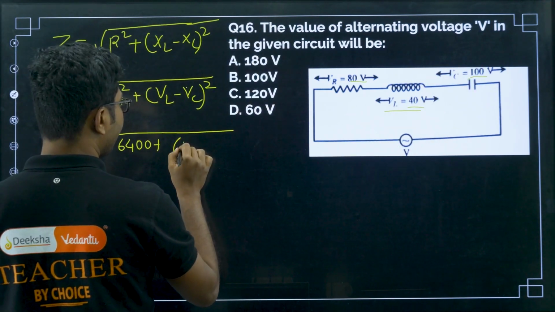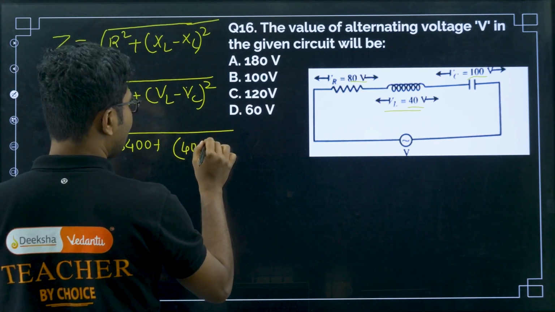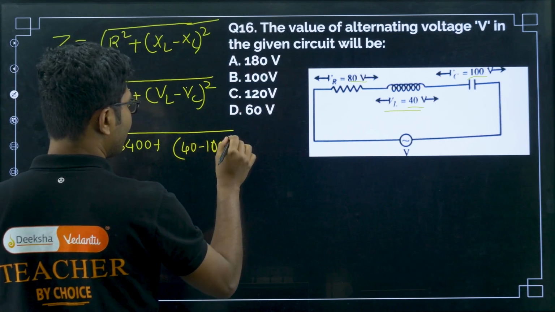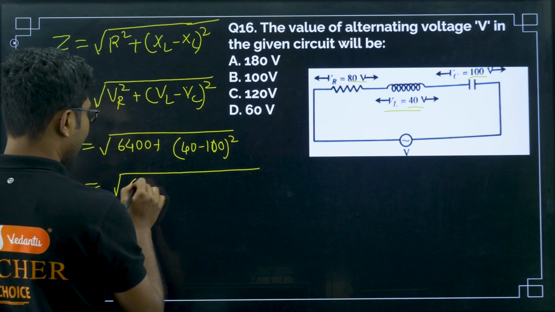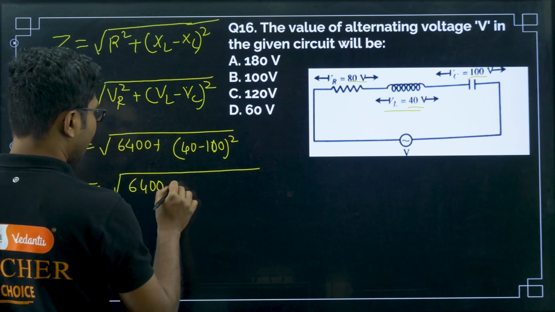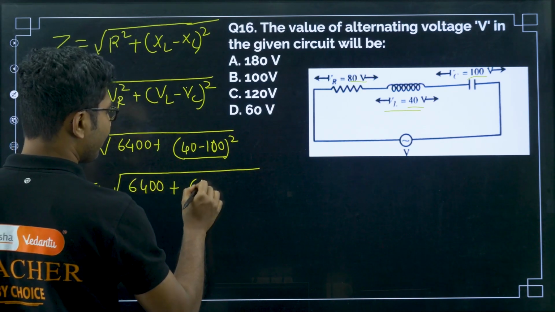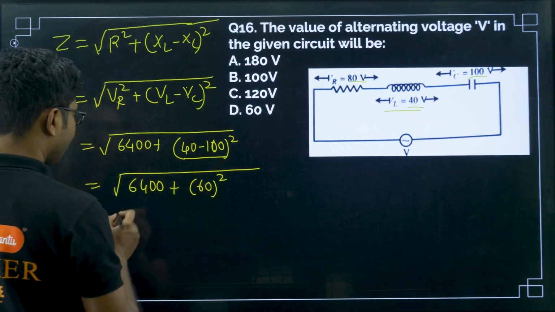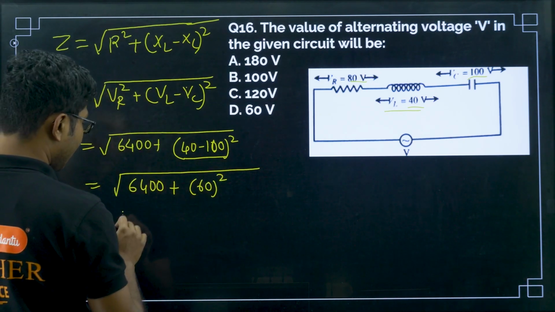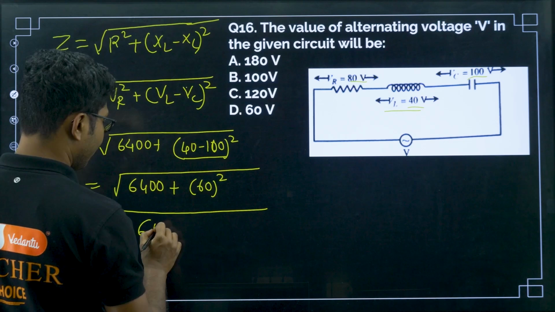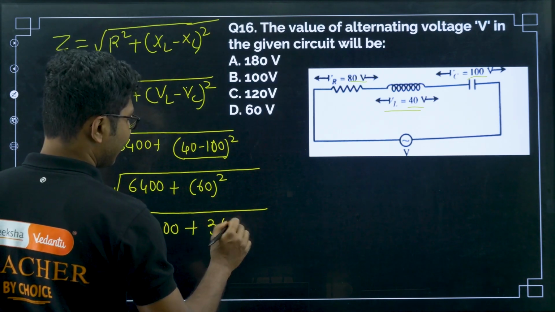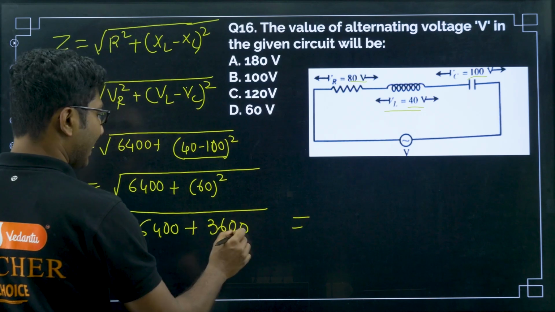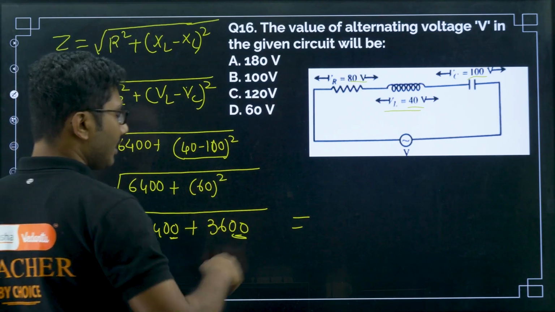So, 40 minus 100 whole square, that is 60 square, which is 3600. So, it will be 6400 plus 3600, or you can take 100 common.